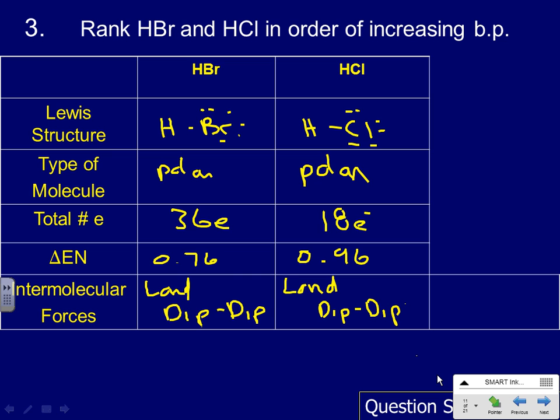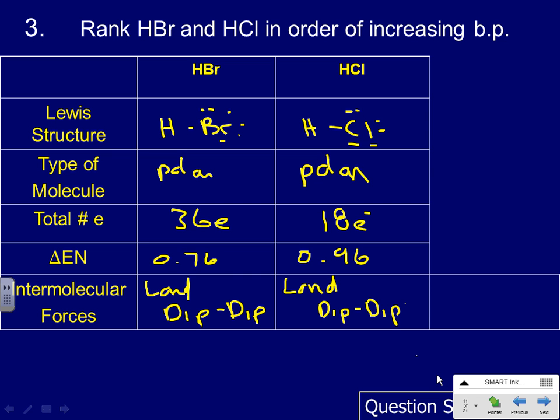We say that London forces are weak, but iodine is a solid at room temperature, and it is only London forces that hold it together. So it is these electrons that keep the iodine molecules as a solid. This thing has 70 electrons, also just London forces, and it's a liquid at room temperature, like water is, right? Water is a highly polar molecule that's being held together by hydrogen bonding, and bromine is a liquid at room temperature that's just being held by London forces.